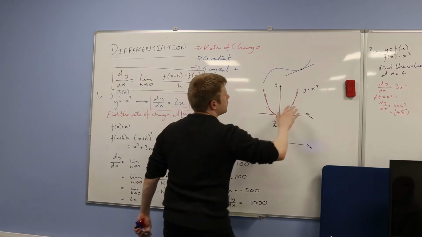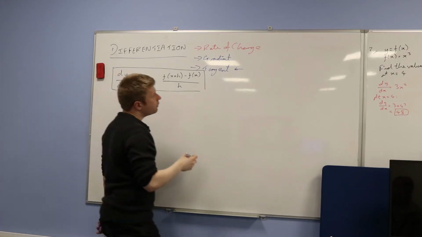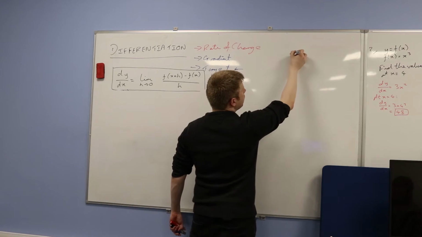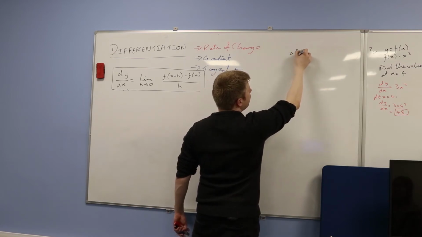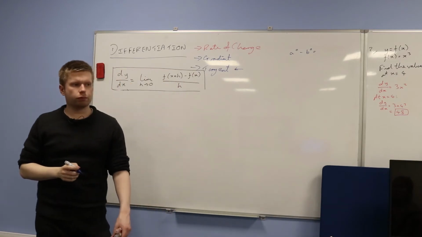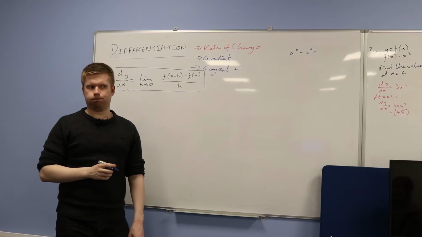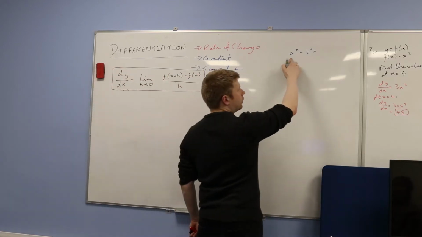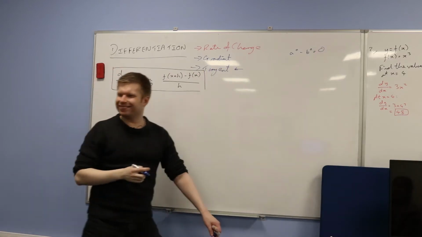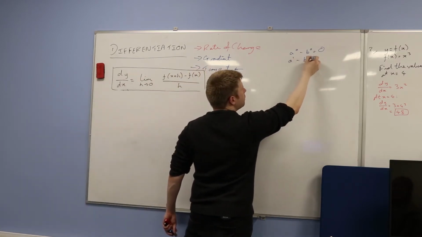Let's make some space. All right. Okay, this is how it works. What would a to the power of 0 minus b to the power of 0 be equal to? 0. 1 minus 1. Exactly. Okay, what would a to the power of 1 minus b to the power of 1 be equal to?